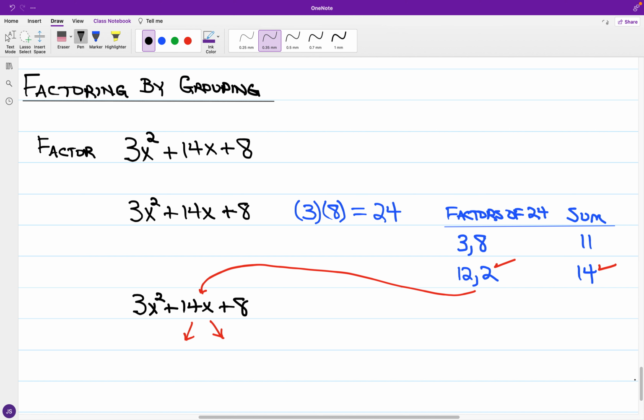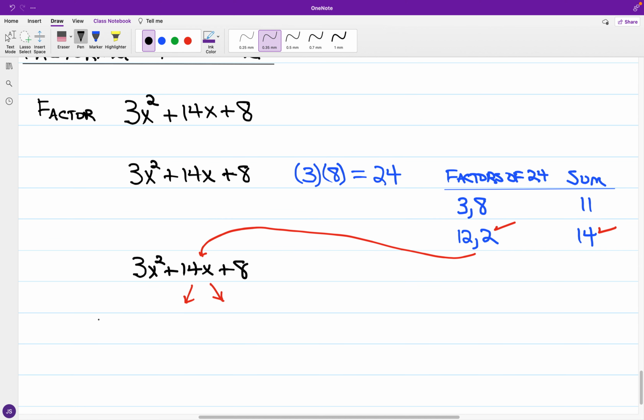So 3x squared is untouched, but 14x will be split up into x terms with the coefficients of 12 and 2, and it does not matter which order the terms come. We have plus 12x followed by 2x, and plus 8 at the end. So I've split up the middle term.